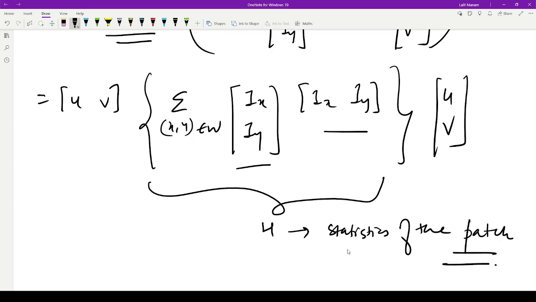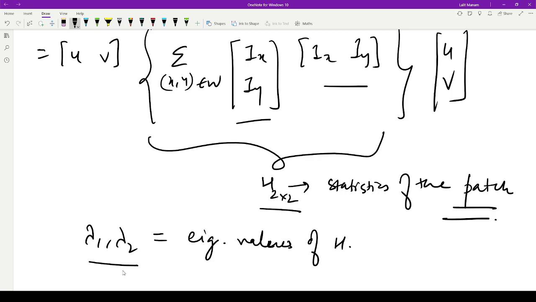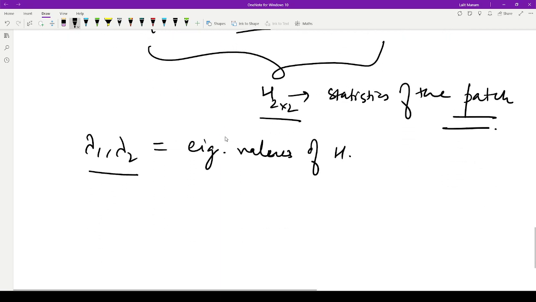So based on the patch, you will define whether this is a key point or not. If lambda 1 and lambda 2 are eigenvalues of H, since H is 2 cross 2, we'll only have two eigenvalues. Based on the properties of lambda 1 and lambda 2, you will decide whether u comma v is a key point or not.